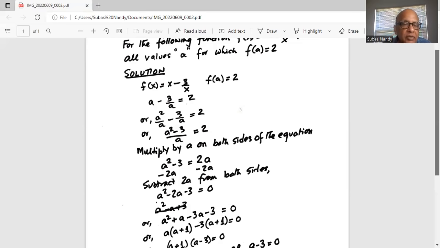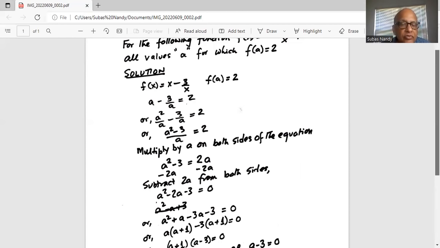Why do I need to make that? Because minus 2 is the coefficient of small a. And for the factors of the constant term, you can think of minus 3 and 1, two factors which will add up to minus 2. Minus 3 times 1 will give you minus 3.